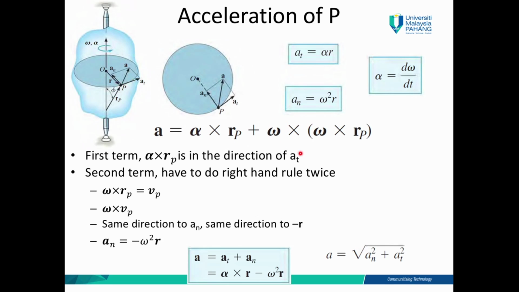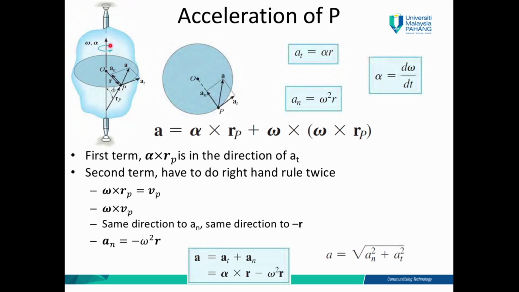So the second term, here you need to do your right hand rule twice, one for this and then omega times whatever you have here. So doing this first, what will you get? Same, the direction of omega is the same as the axis of rotation.